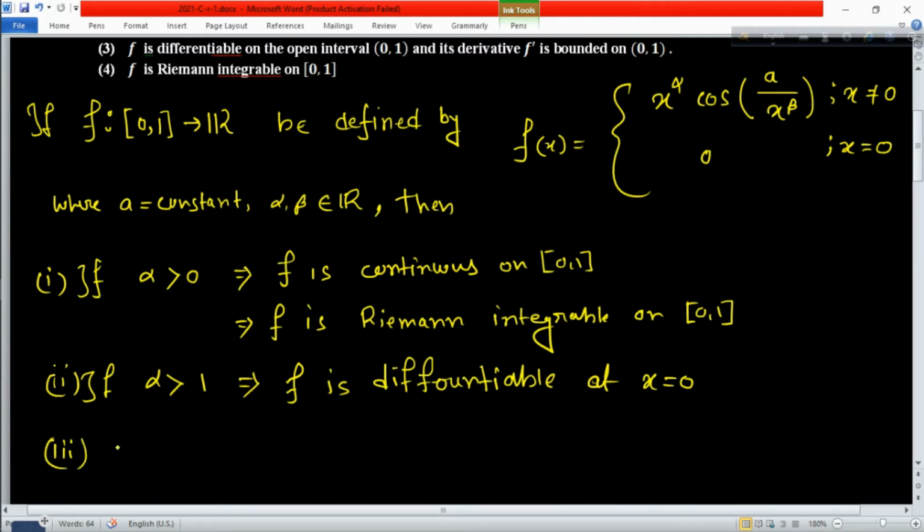And number 3, if alpha is greater than beta, this implies f is a function of bounded variation.